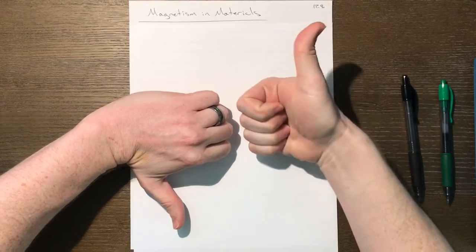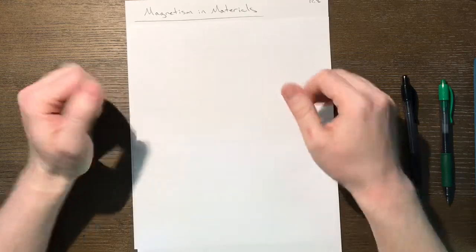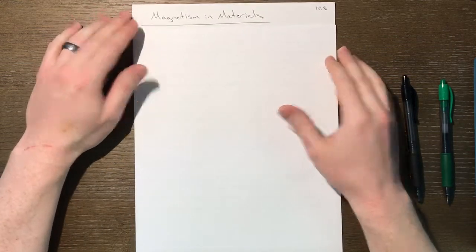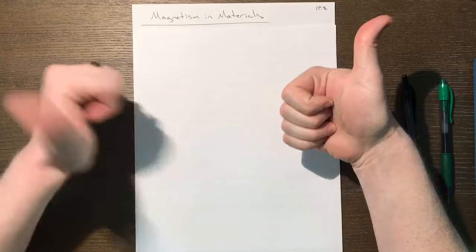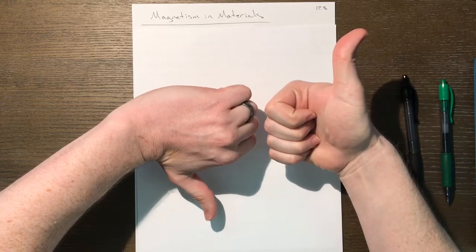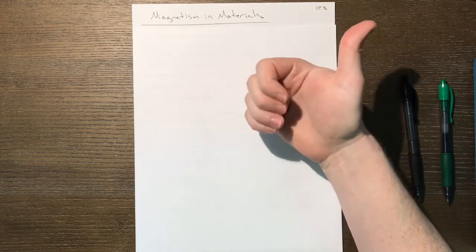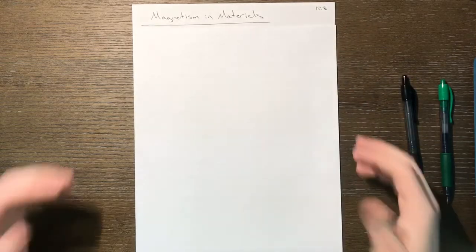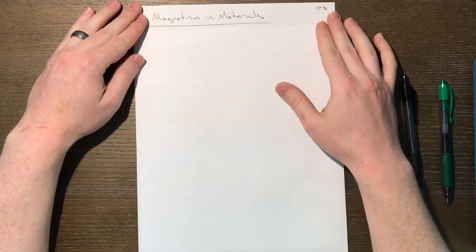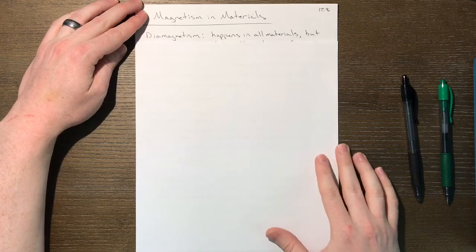And once one has picked one of those, if another electron is going to pair up with it, it has to go in the opposite orientation. And they form electron pairs, one up, one down. And that sort of combines for a neutral situation. However, what if you have an odd number of electrons? You've got to have one left over. And that's really going to be the key to a lot of this. So let's discuss magnetism in materials with that in mind.